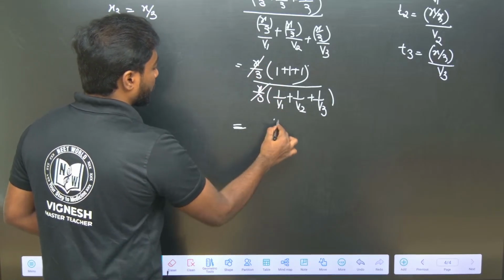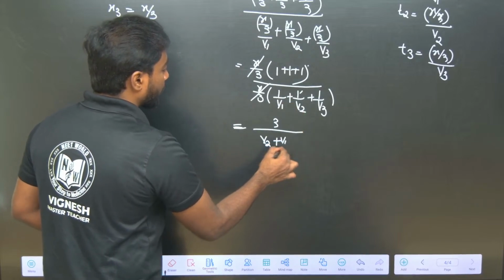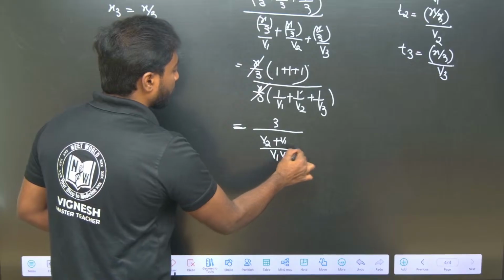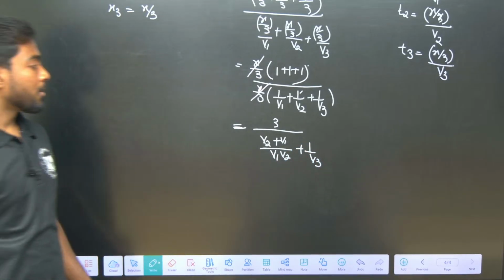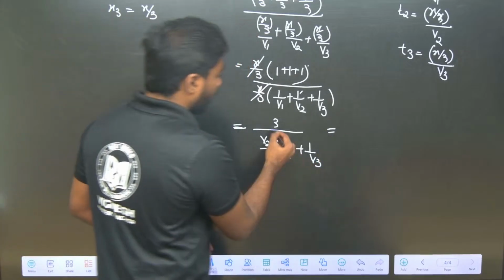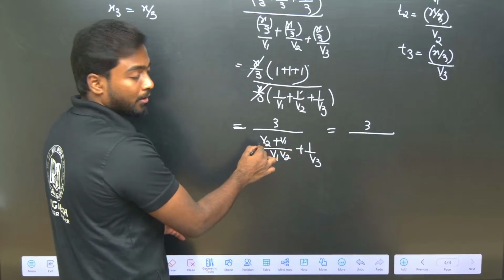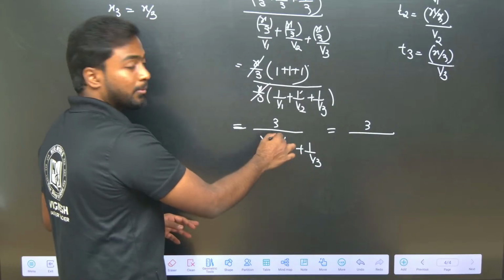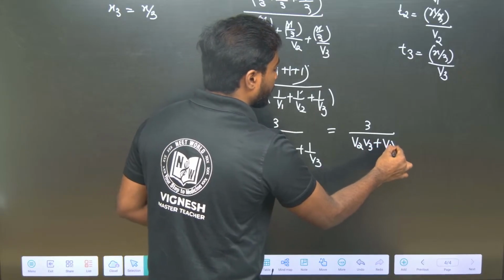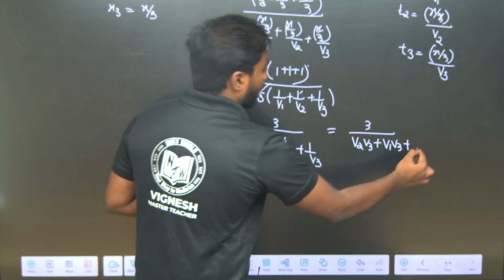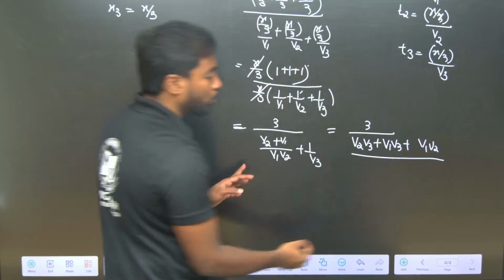Cross multiplying, we get 3 divided by (V2 plus V1) by V1 V2 plus 1 by V3, then again cross multiplying, 3 divided by (V2 V3 plus V1 V3 plus V1 V2) by V1 V2 V3.